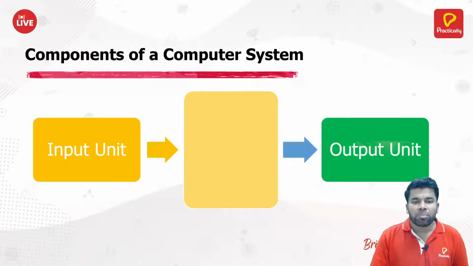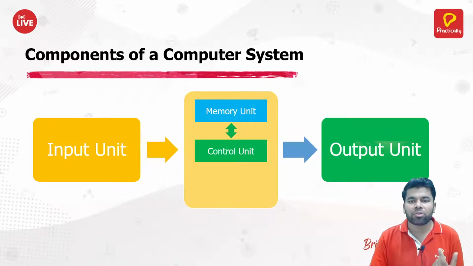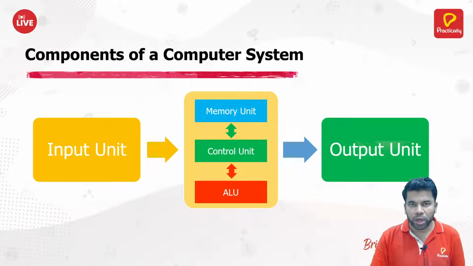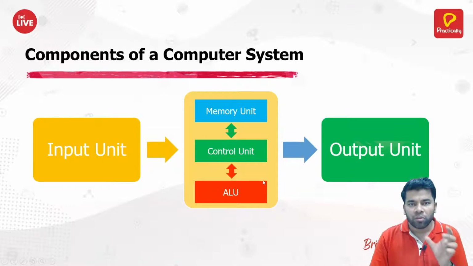Then the computer processes that data using the CPU, and the CPU contains three parts: the memory unit, the control unit, and the ALU, the arithmetic and logical unit. Data is stored and processed here, and then we get the output result with the help of output devices like the printer, speaker and monitor.